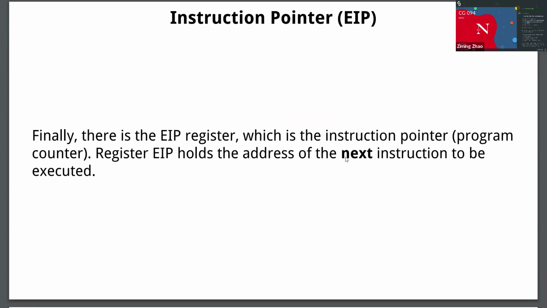Yeah, so EIP is a program counter. This one holds the memory address of the next instruction to be executed. So the key here is memory location, because the instructions, the code, are loaded into the memory. They're not in the hard disk, they're not in registers, they're loaded in memory.